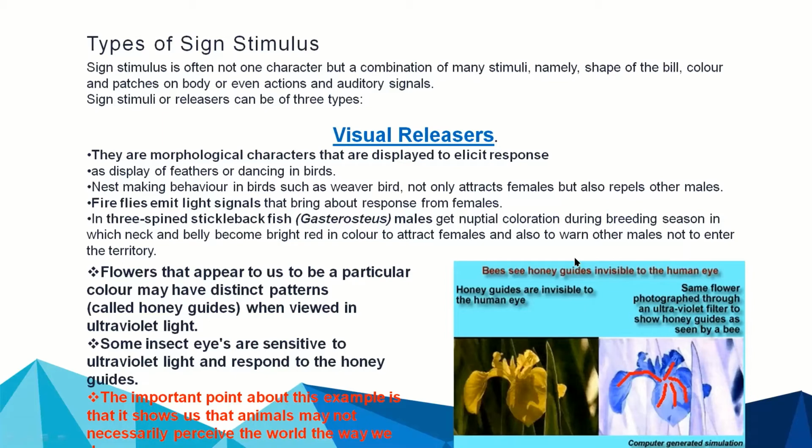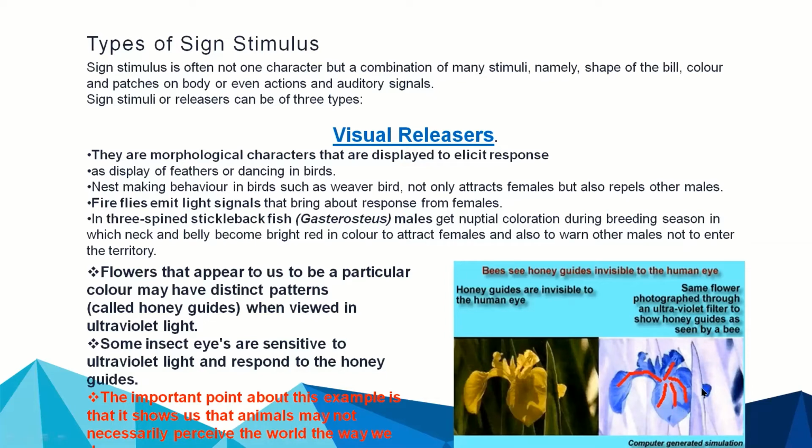Now this example shows that other animals may not necessarily perceive the world the way we see. Flowers that appear to us to be a particular color may have distinct patterns called honey guides when viewed in ultraviolet light. See, in this image here, this is the flower.